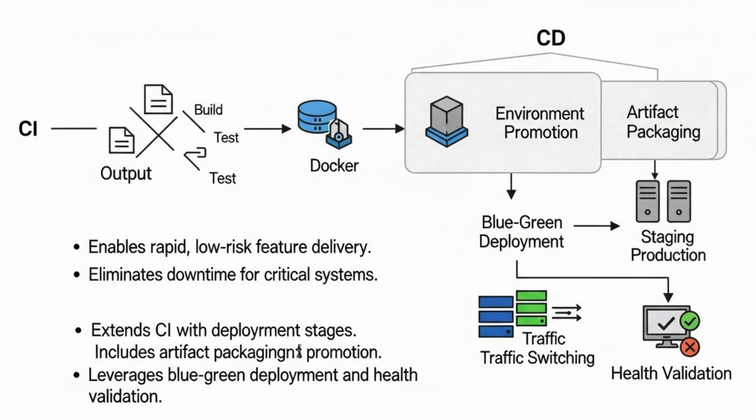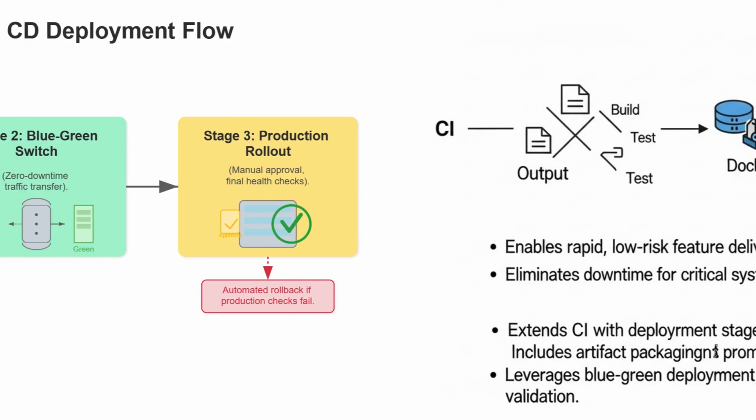Then there's environment promotion, moving code from a testing environment, like staging, to the live production environment. Critical for zero downtime is the blue-green deployment strategy, which we'll explore in detail. And finally, robust health validation, which triggers automated rollbacks if anything goes wrong. These components work together to create a bulletproof deployment system.